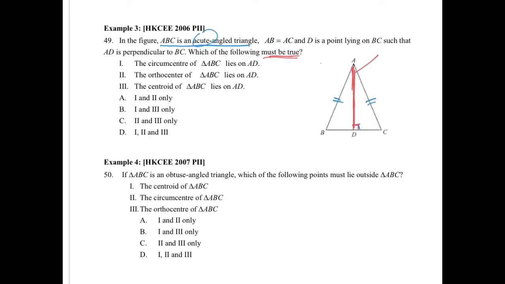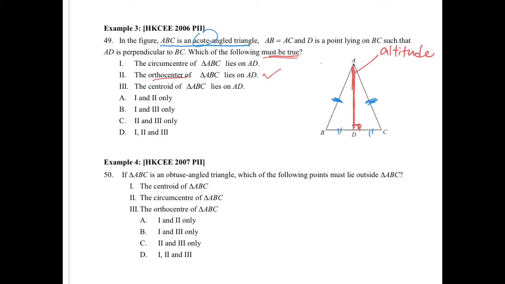First of all, because of the 90 degrees, this line should be an altitude, which means the orthocenter should be on AD. Next, because it's an isosceles triangle and this is a 90 degree angle, by symmetry you can imagine that BD is equal to DC.